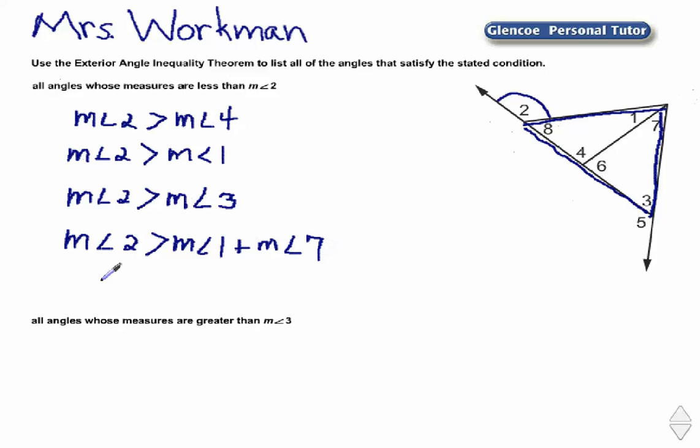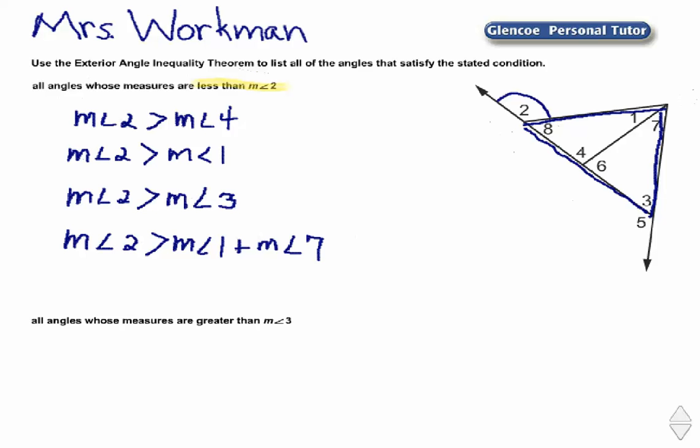Now these are all true statements based on the exterior angle inequality theorem. Let's go back to the statement we were asked to satisfy. All angles whose measures are less than the measure of angle 2.